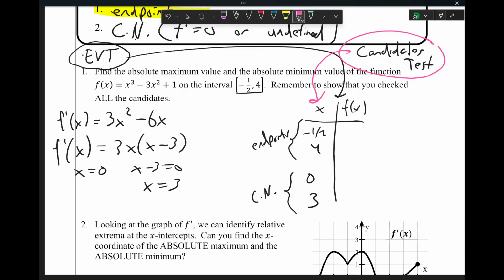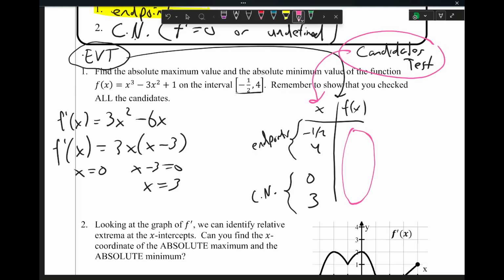Now, think about this real quick. Where do these numbers come from? How do I find these? From the function, not the derivative. Exactly. Not the derivative. The derivative is great if you want to know whether it's going up or down. Positive derivative means positive slope, it's increasing. Negative derivative means negative slope, it's decreasing.